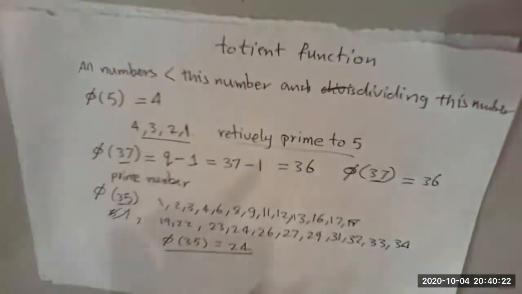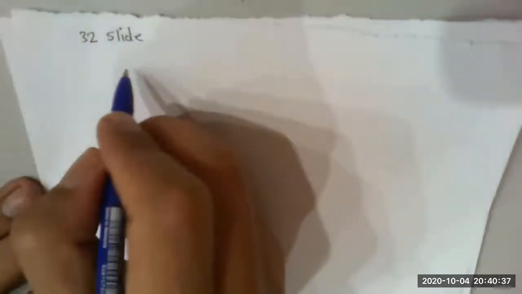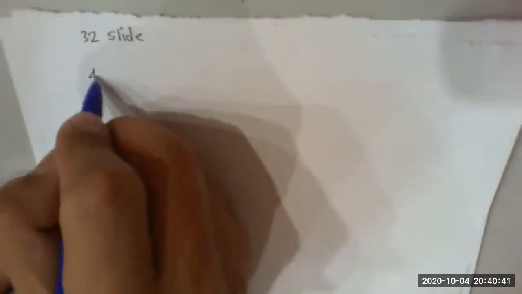These are the quotients, and if you open slide number 32, you will find quotients for many numbers. For example, for 4, we have 2 values. The quotient is 2. 5 is 4. This is the number n, and this is phi of n.